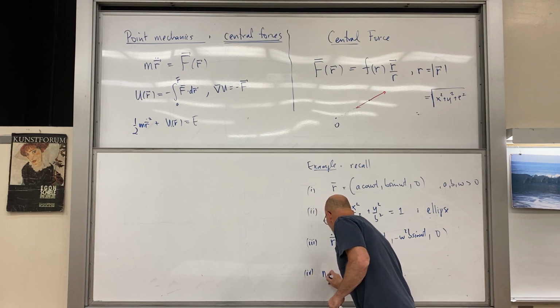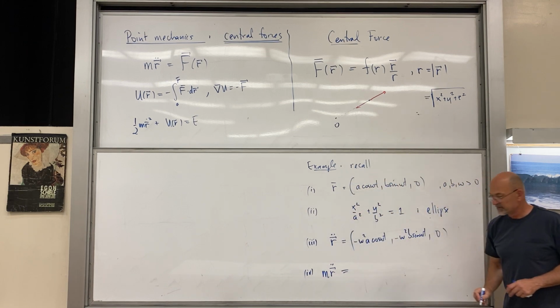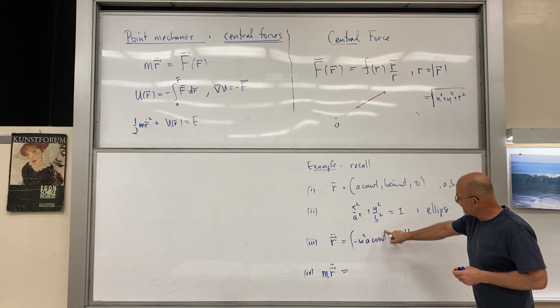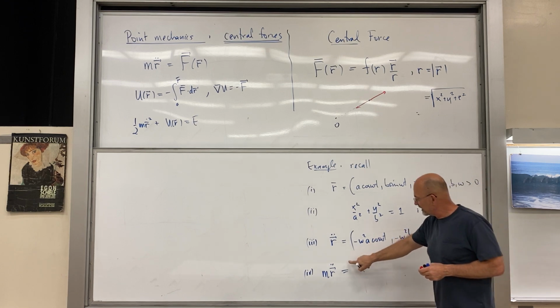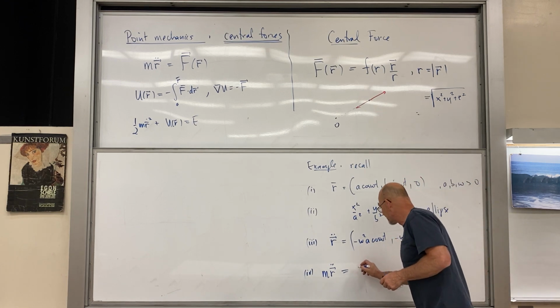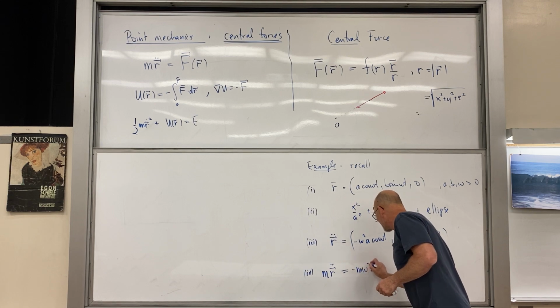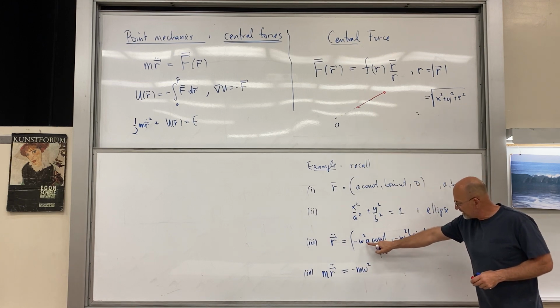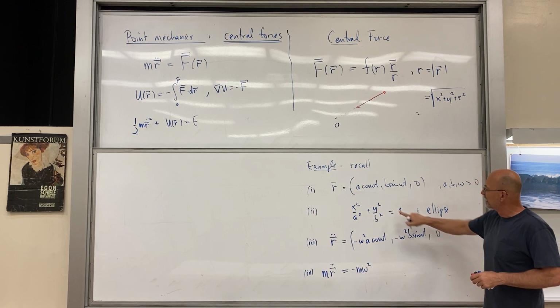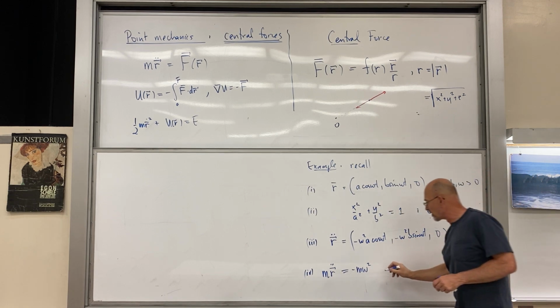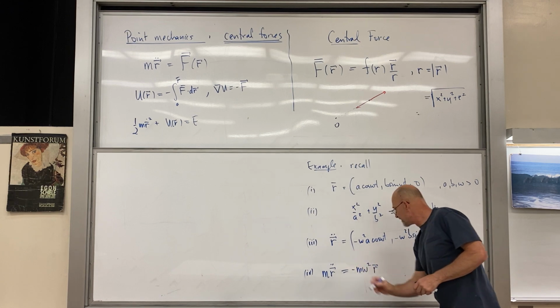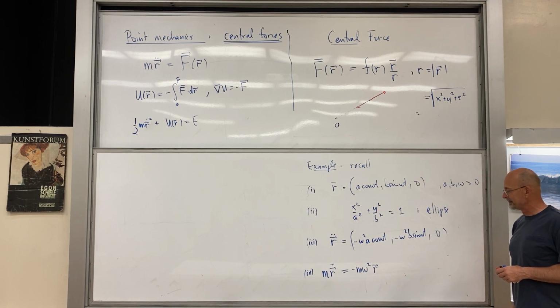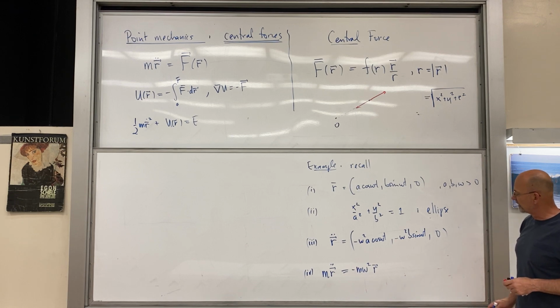So in particular, if we write m times the second derivative of r, which is supposed to be the force, then this is a kinematics problem, but we can identify what that force is, namely minus m omega squared. If I pull out the minus omega squared, I'm left with A cos and B sine, my original vector r.